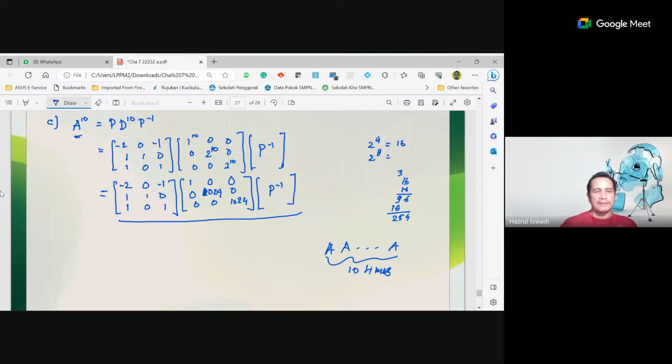You can imagine that if you must find A to the power of 1 million, by using this formula you only calculate P, D to the power of 1 million, and P inverse.